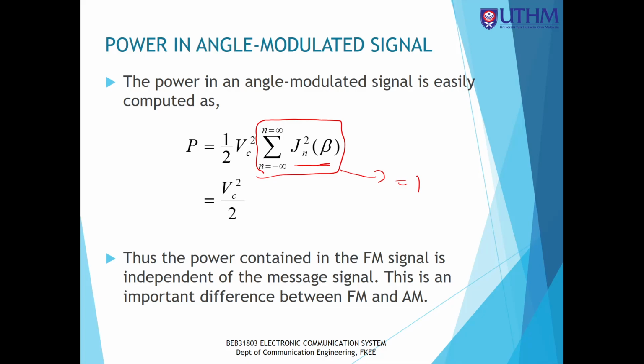So that's why the power is going to be Vc squared over 2. Actually there's an R over here, sebenarnya ada R, but R in this part is assumed to be equal to 1, so that's why they're not putting the R. So actually Vc squared over 2R is equal to the carrier power.